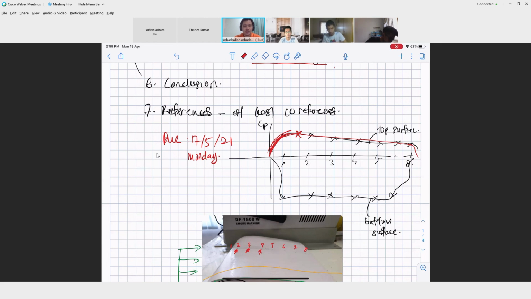Okay, and the due time is 5 p.m. I would rather you not submit on this day. I would rather you submit 1 or 2 weeks earlier, because I don't think it's going to take too much time if you think together as a group. If you take this much time, then it's a possibility that you will delay until the very last minute, and I don't want to see the report submitted at 5:01 p.m.